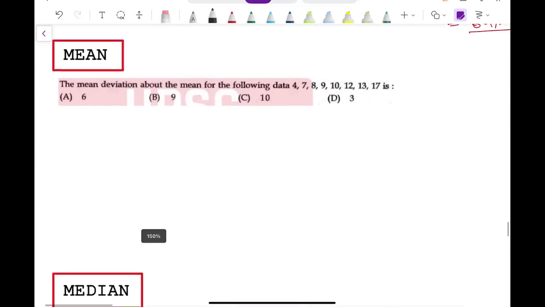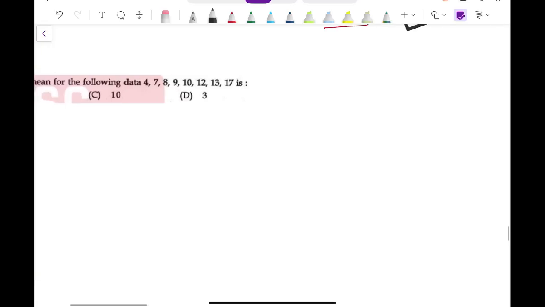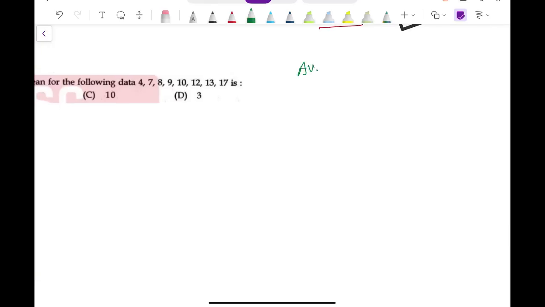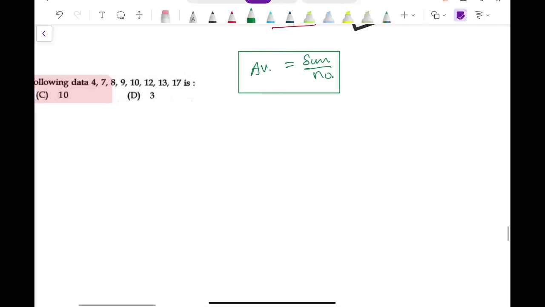Next, when we talk about mean, before going to mean, I'll just tell you one thing here. The average formula is sum divided by number. In the question in the PDF that I've given you, you will see a question based on this.